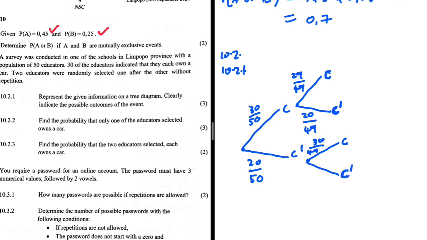Of that 20, the teacher selected does not have a car, and now that we want to select the second teacher, we are left with 19 that don't have cars. So that is 19 over 49 because there is no replacement. We are selecting one after the other without taking the teacher that we've selected first back into the selection pool. So this is our data represented in the form of a tree diagram.